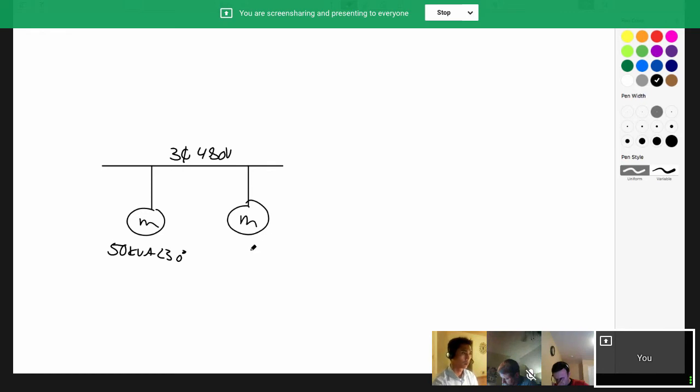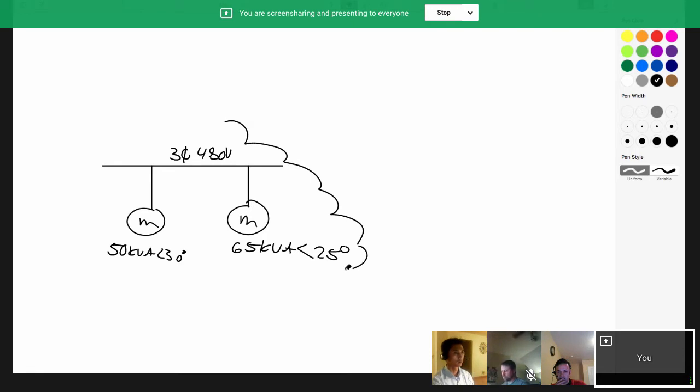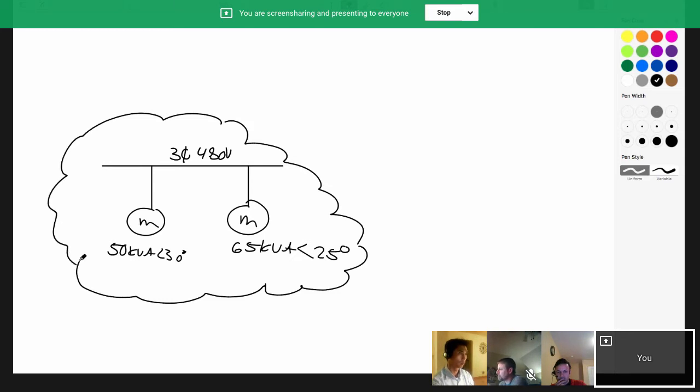And we'll say this is a 65 kVA at an angle of 25 degrees. What if I asked you to find the overall power factor of this system? Any takers?